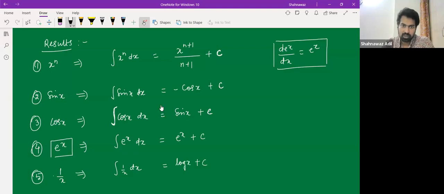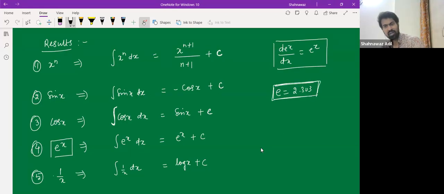What is e? The value of e is 2.303. This is some constant. This is the natural log. You have two kinds of log. When you take the base of the log as e, it is called the natural log.